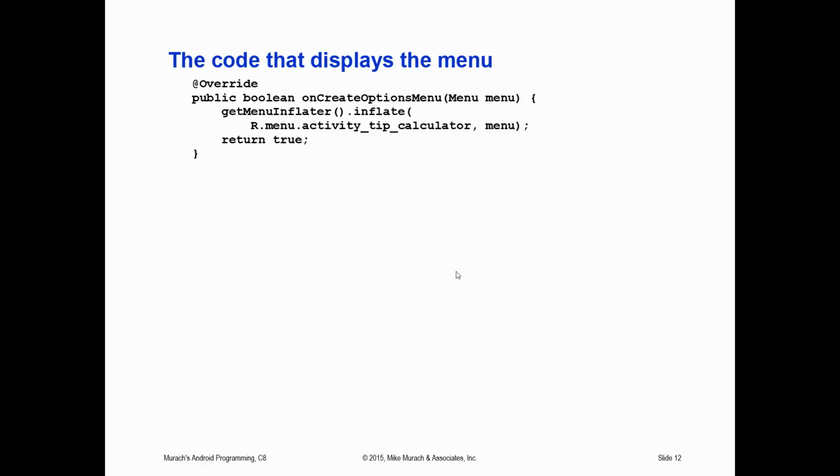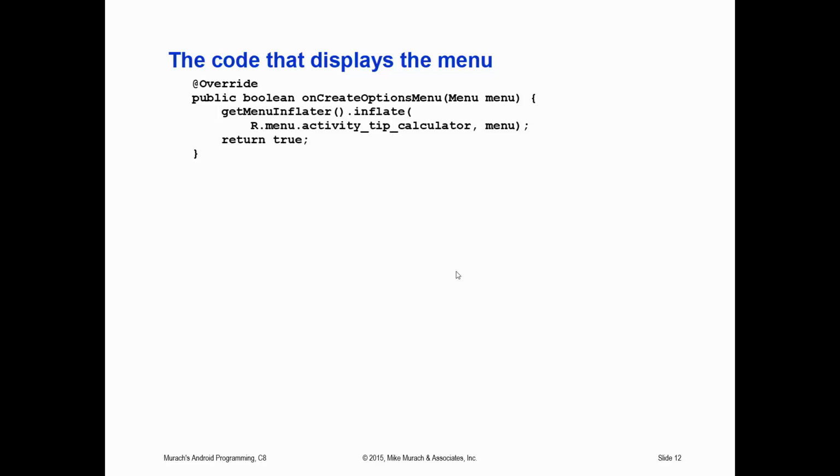What you see on the screen now, and also in figure 8.3 on page 235, is how to display an options menu. To do that, the code overrides the onCreateOptionsMenu, which is a life cycle method of an activity that Android calls before it needs to display the menu for the first time.